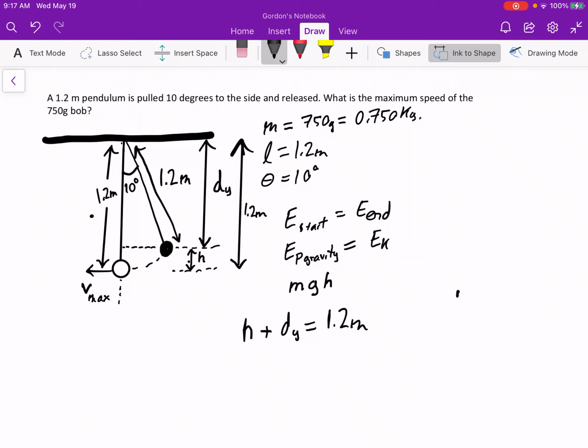So really, let me draw this off to the side here. We've got a triangle here with 1.2 meters on that side, and this is what we're trying to figure out is the height. 10 degrees there. So we can use cosine of 10 degrees is going to be equal to our adjacent side divided by 1.2 meters.